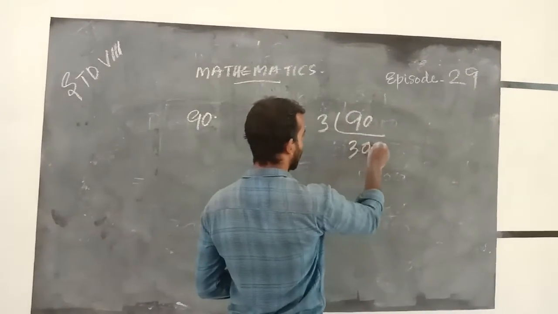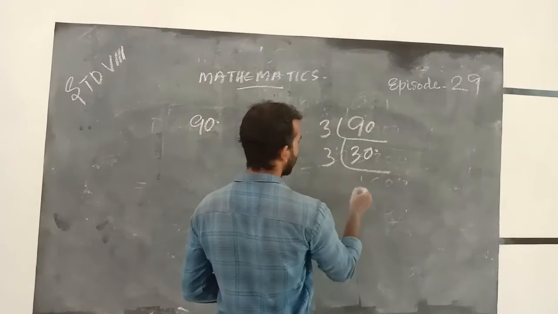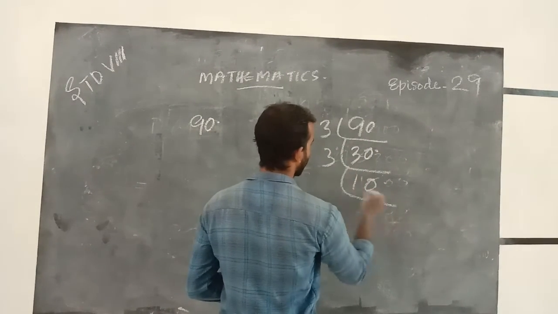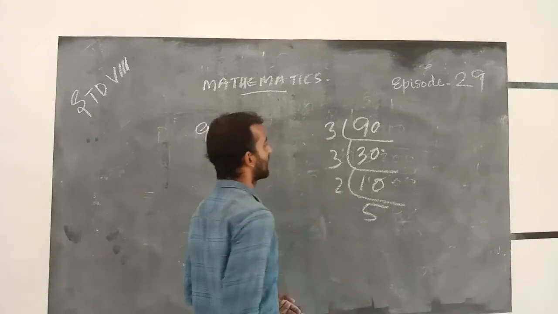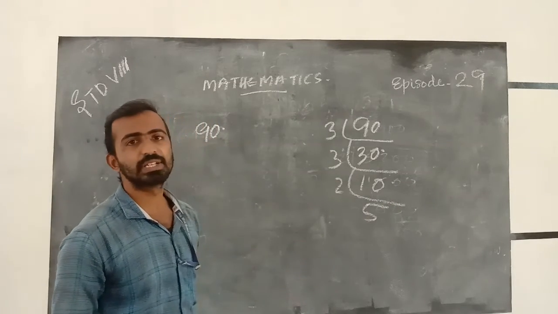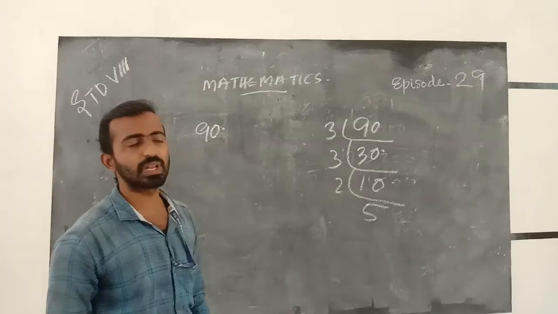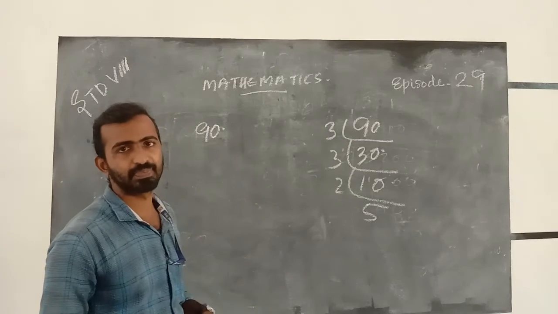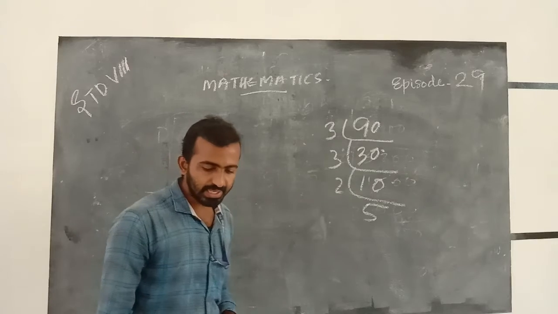We get 30, 3, 10, 2, 5. Here we didn't get pairs of prime numbers, so this is not a perfect square. 90 is not a perfect square. Is it? Yes.